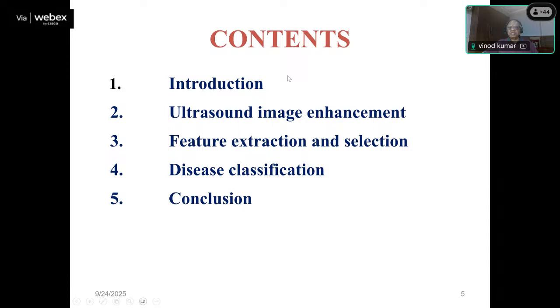For this particular talk, I have divided my talk into 5 parts. Basically, I will be presenting the work done by my 4 5 PhD students in the area of ultrasound for the detection of liver tumors. In the introduction, I will discuss why liver was taken as the organ, why ultrasound has been taken as the imaging technique, and what types of tumors we have taken for this study.